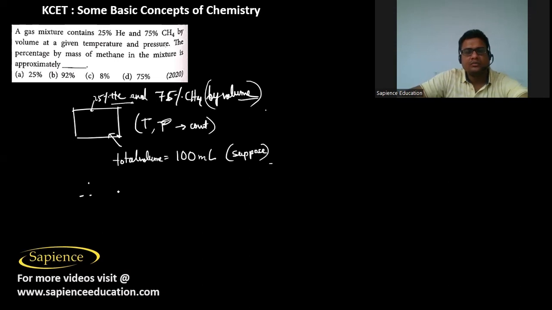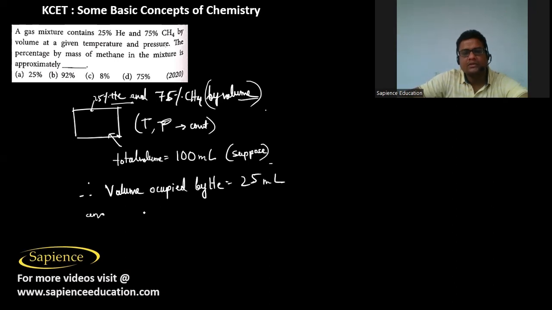Therefore, the volume occupied by helium will be equal to 25 ml, and the volume occupied by methane will be equal to 75 ml. Then 75% of the volume is occupied by methane.